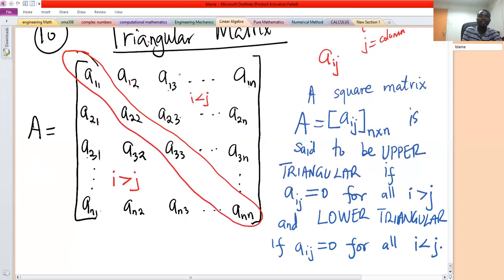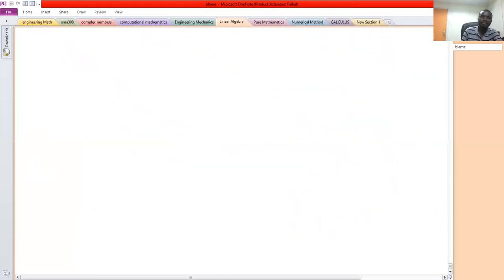When everything above the main diagonal is 0, then we call the matrix lower triangular. And when everything below the main diagonal is 0, and at least we have non-zero elements in the upper part of the main diagonal, then we call it an upper triangular matrix.